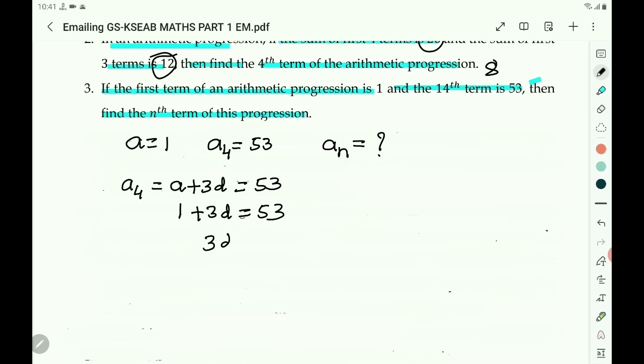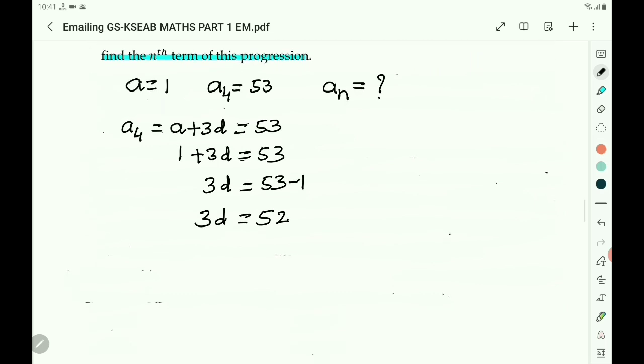Then 13d equals 53, transfer this 1 to the RHS. That becomes 53 minus 1. Then 13d equals 52. d equals 52 by 13. 13 ones are 13, 13 fours are 52. So you got d equals 4.